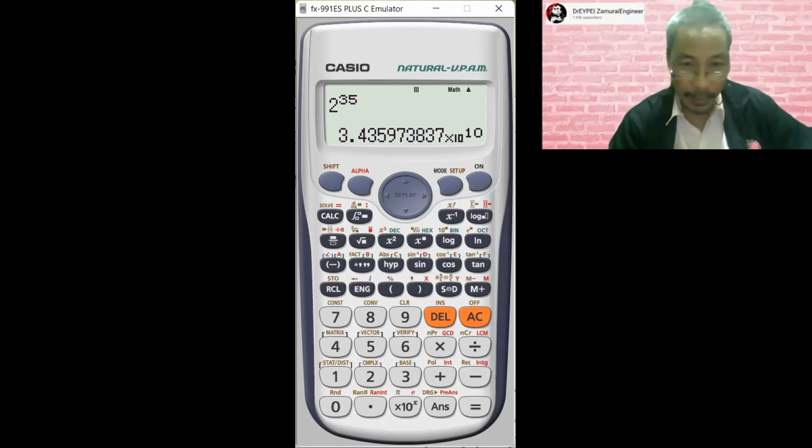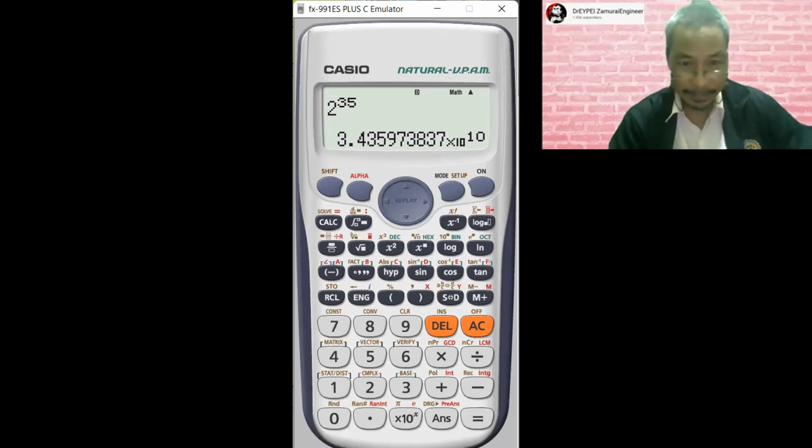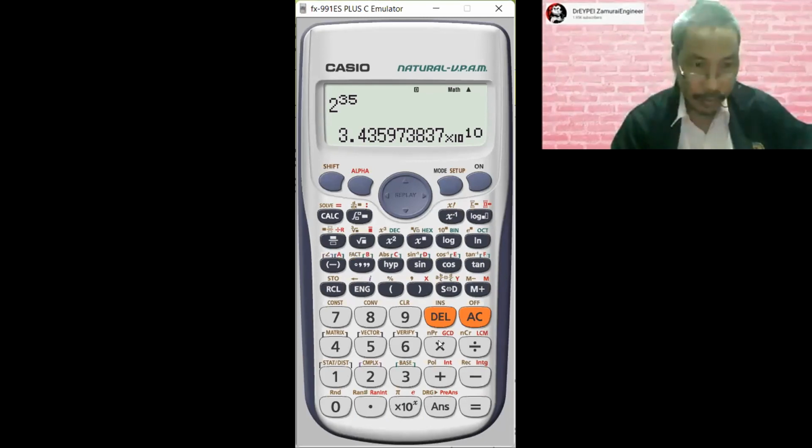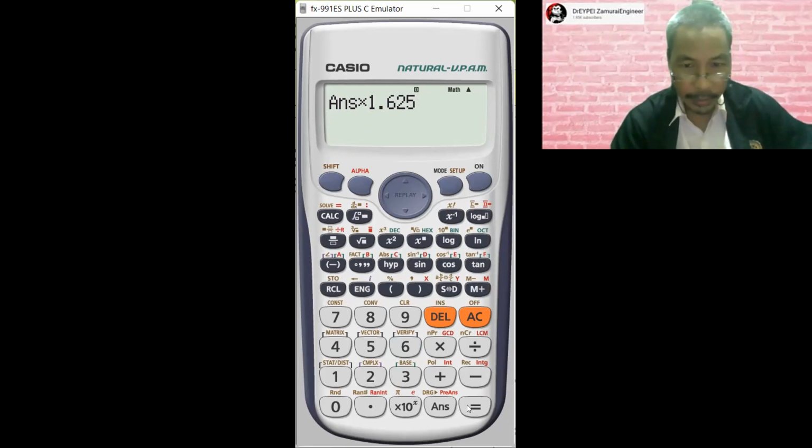But we have to multiply it by the mantissa. The mantissa is equal to 1.625. Times 1.625 equals 5.583457485.